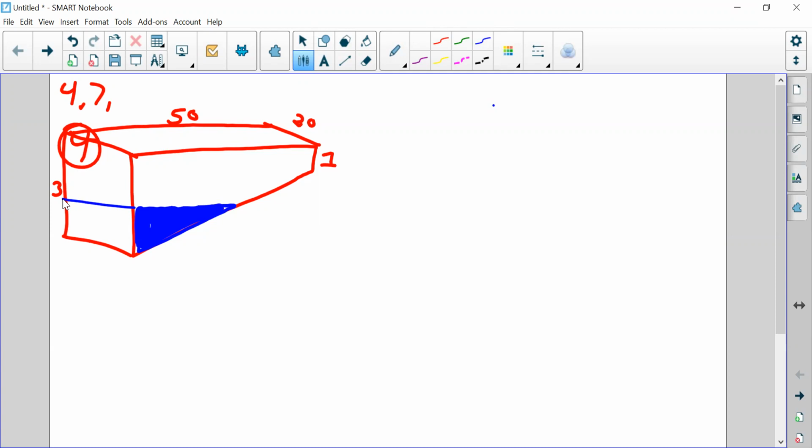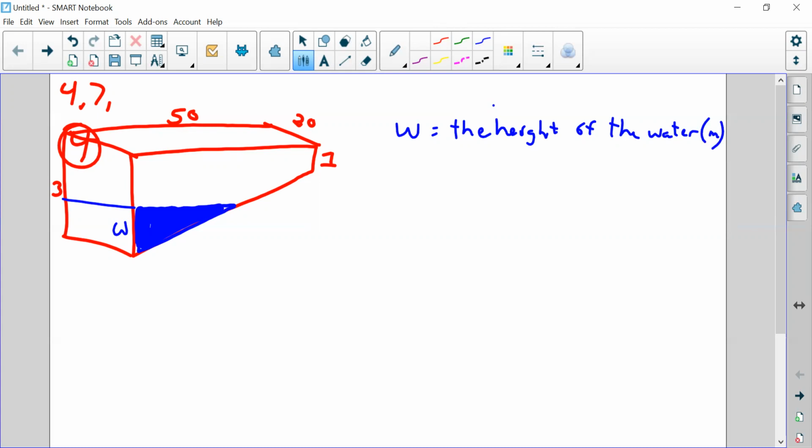So looking at the water, the blue there that we're looking at, I'm going to call this W for the height of the water. So W for water there. I'm going to let W equal the height of the water. And what would be my units of measurement for that? Meters. So that's going to be in meters.